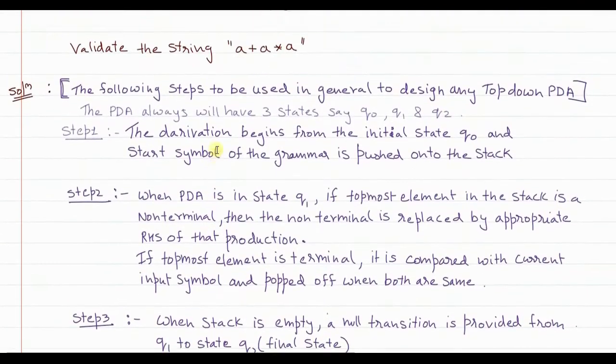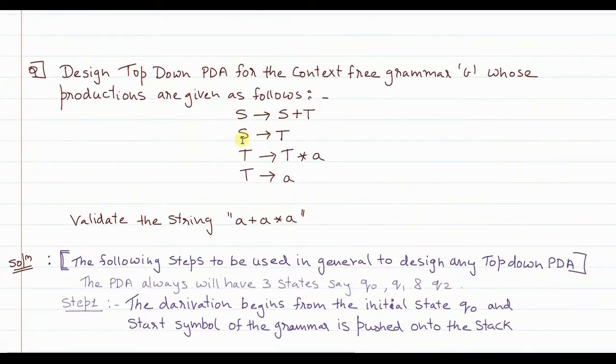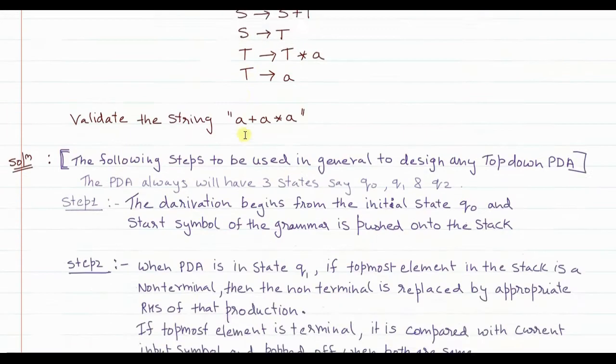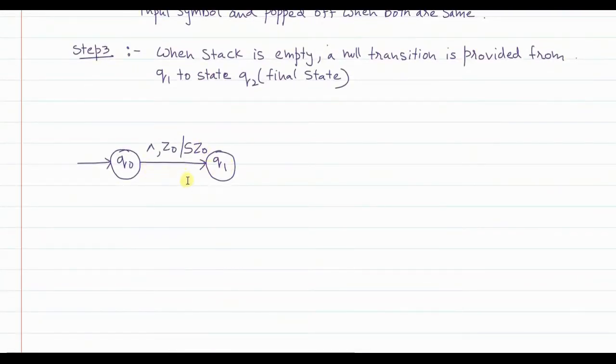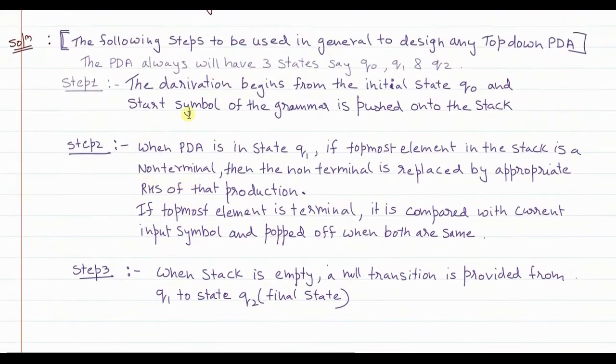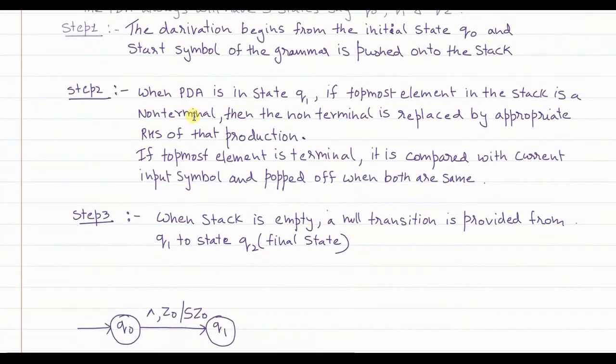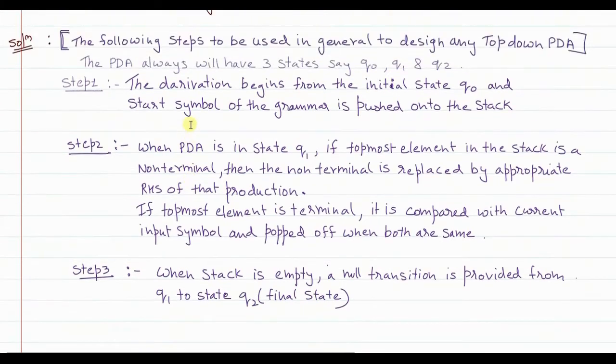Remember, no matter what grammar is given to you in the exam and what productions it has, this first step will always be the same. Now, before I write the productions, remember: unless the topmost element of the stack is a terminal, your PDA is not going to read the input string.